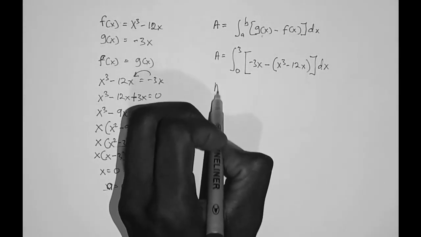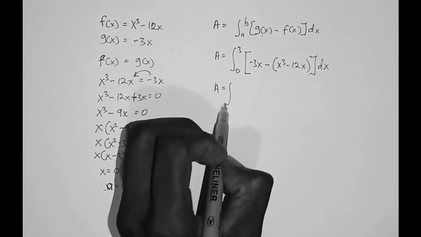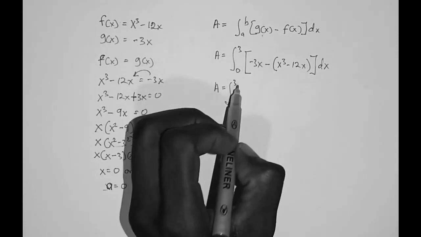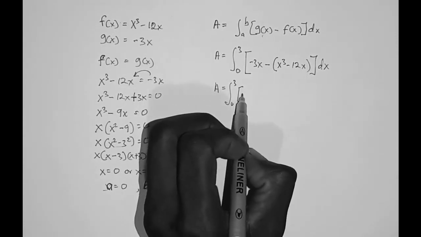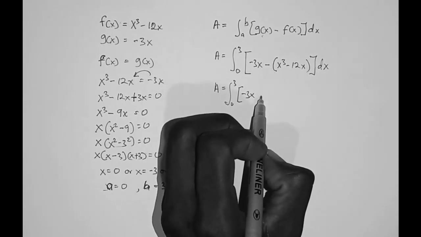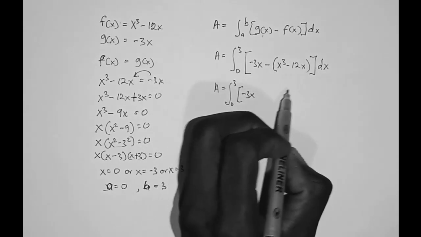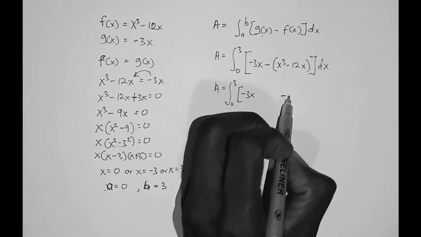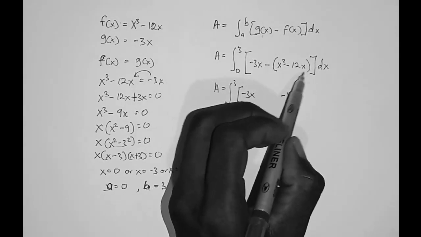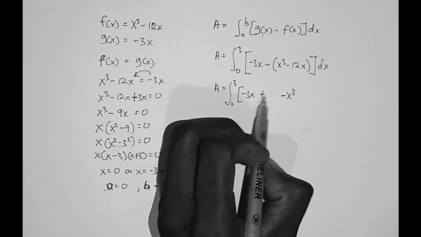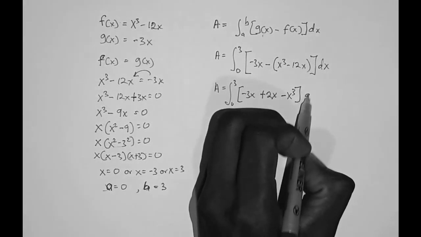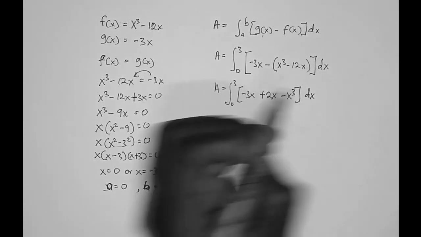So the area is equal to the integral of 0 to 3. Then let's open this bracket. This becomes minus 3x. Then minus 1 times x cubed becomes minus x cubed. Then minus 1 times minus 12x becomes plus 12x. Then all of this close bracket dx.